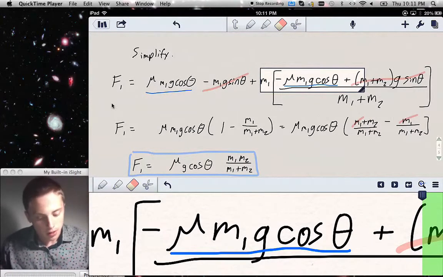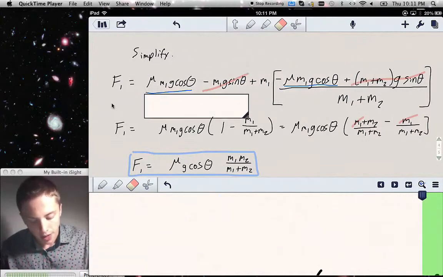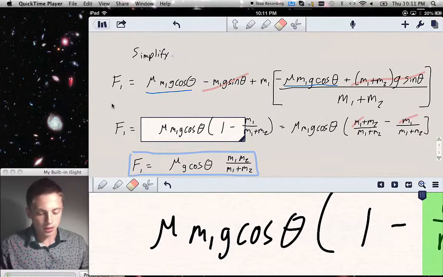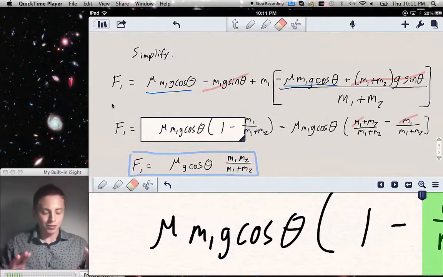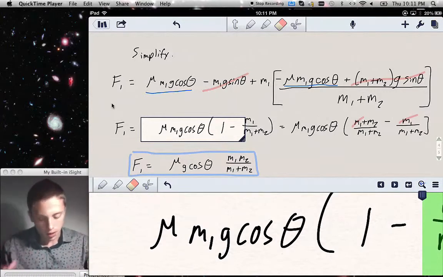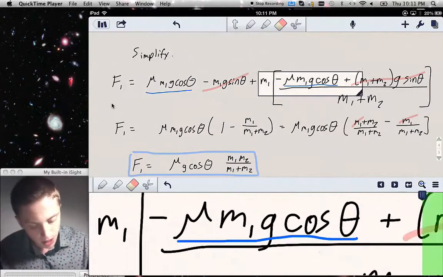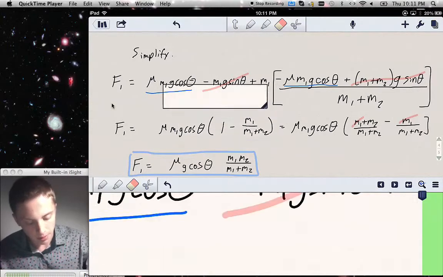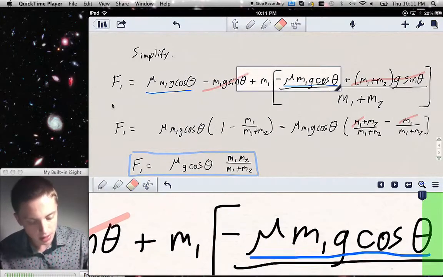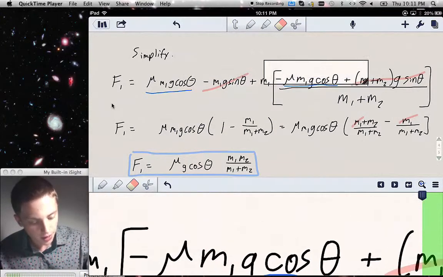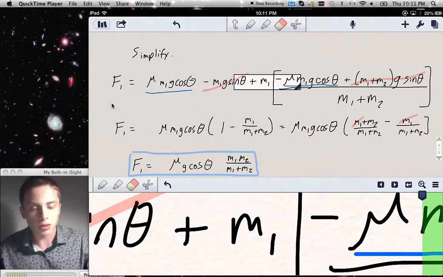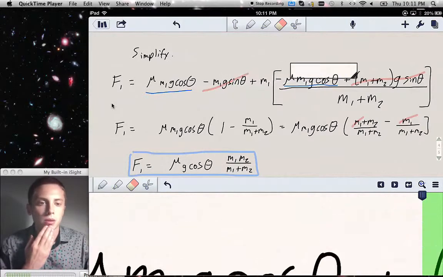So what I have left is, if I factor those two terms out, mu m1g cosine theta, I factor out that common factor from this term and this term, I'll be left with 1 here. So we have 1, and then minus, this minus sign, and then after I factor this common term, I'll just be left with this m1, which is multiplied throughout both of these terms.